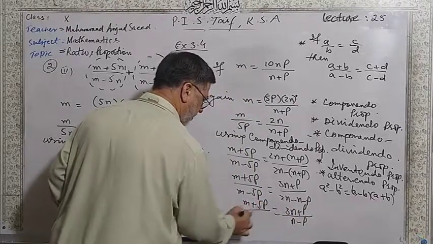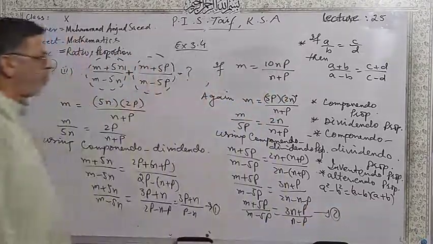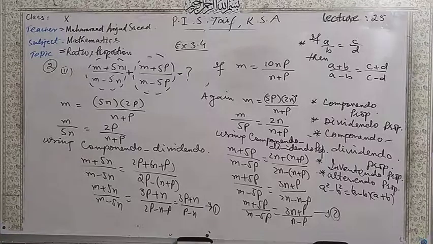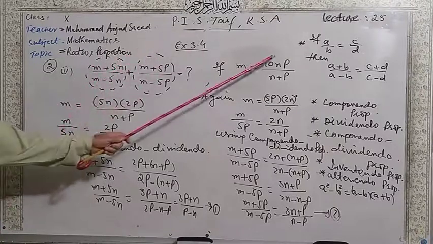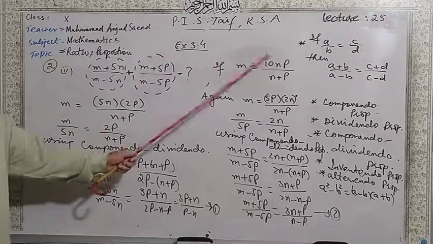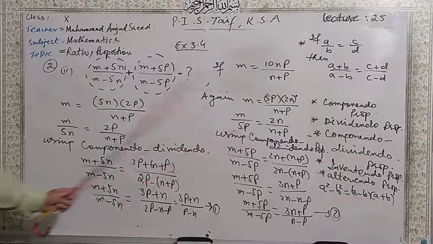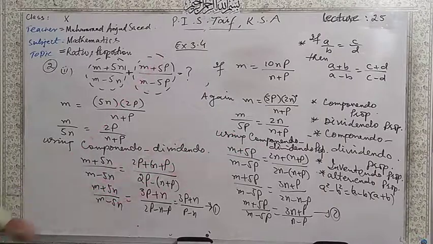That is equation number 2. Dear students, by looking at the required expression, we can check. First we brought 5n from the right hand side under m and applied componendo and dividendo. Secondly, we brought 5p from the right hand side under m and used componendo and dividendo, and the left hand side is made. Now you have two equations.